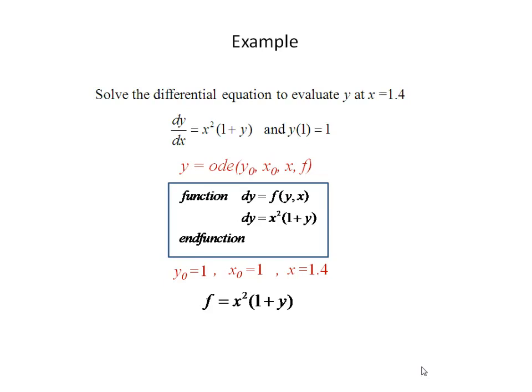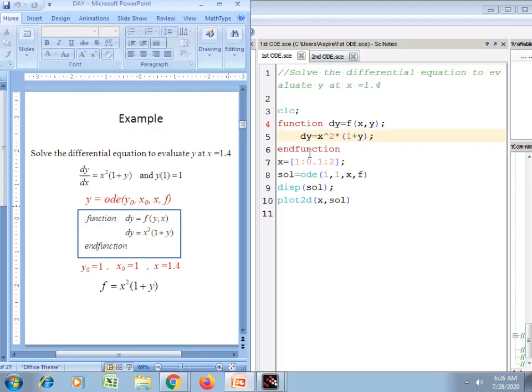Now let's solve this differential equation in Scilab. This is the code that I have written in Scilab to solve this first order differential equation. First command is clc to clear the console.